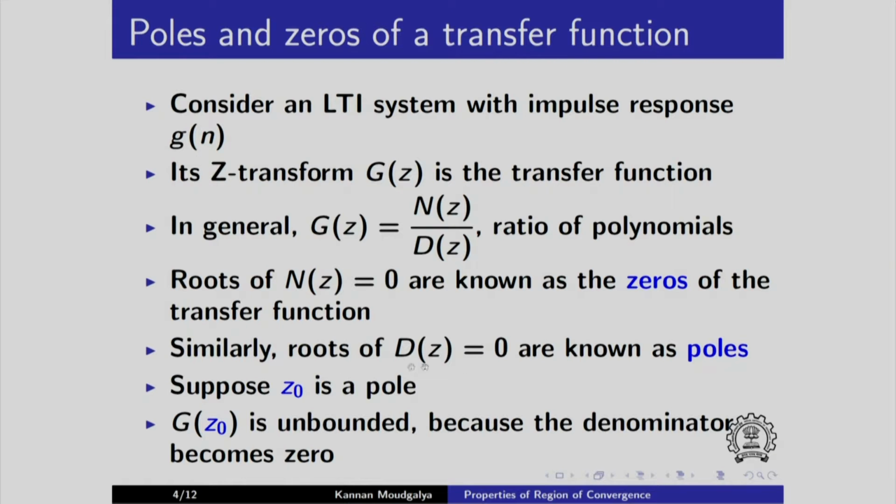Remember, the roots of D(z) equals 0 are known as the poles of the transfer function G(z). So at the pole, the transfer function becomes unbounded. We need this result for the next property of region of convergence.